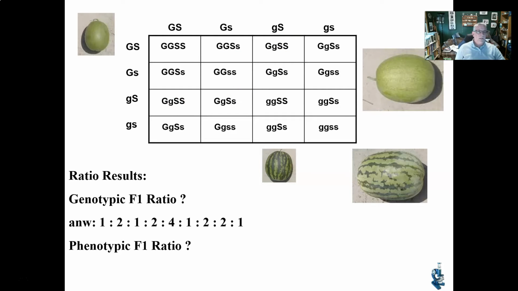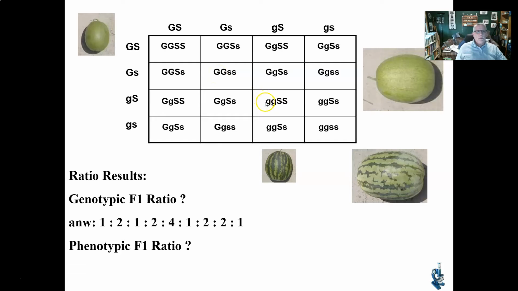I've been doing this for 20-some years. Gosh, I'm actually going on 30 years now. Anyway, I know the pattern, so that's why I'm going through this kind of quickly. But if you have a capital letter of G or S, that is going to be one of these watermelons, isn't it? What about this one? This is a green but long one, right?